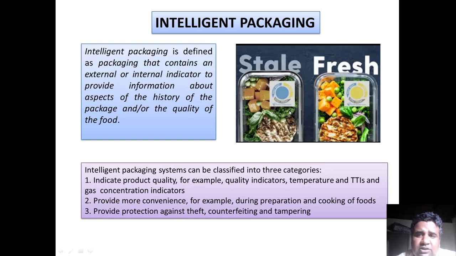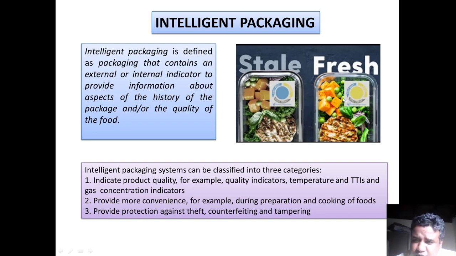Fine. So in this picture you can see there are two boxes, in which here it is written stale and here it is written fresh. In these we have kept some food products. These are some cut vegetables, on which we have put an adhesive label, and it appears yellow. With the passage of time, there will be some biochemical changes in the food product that will be detected by these indicators, and they will bring out some changes.